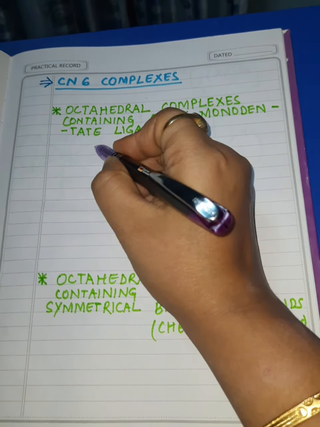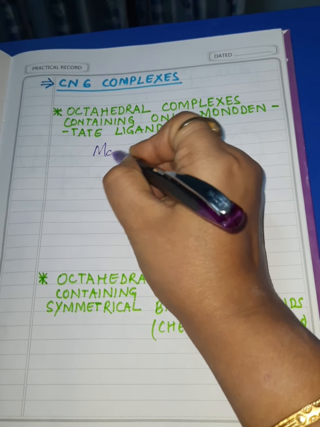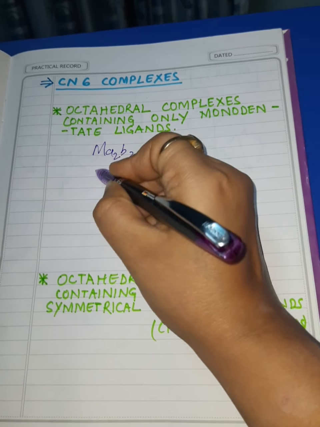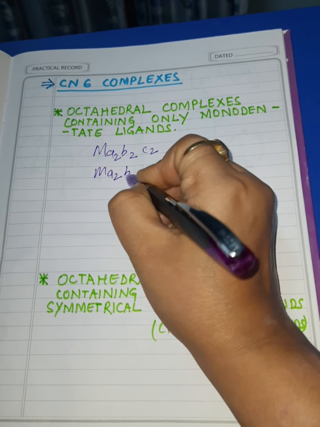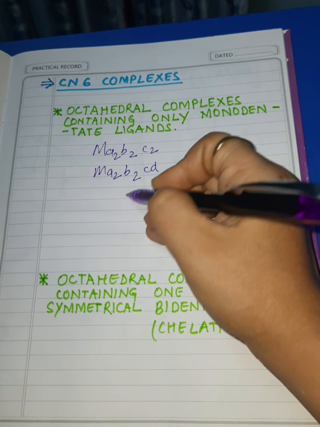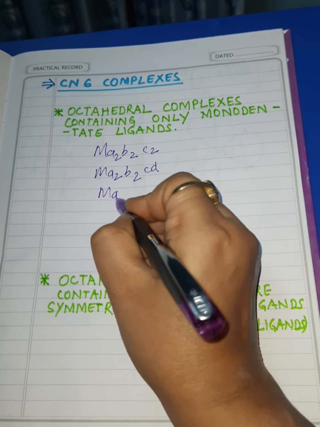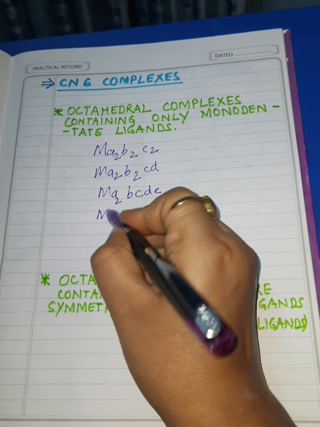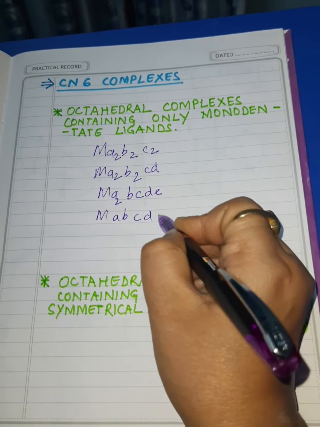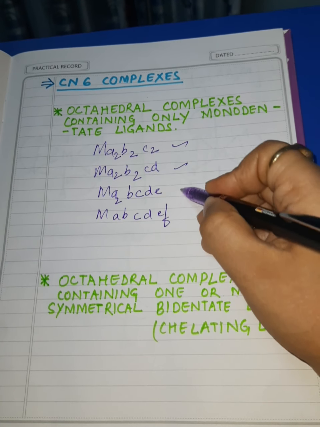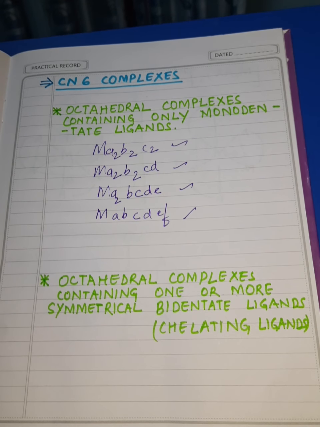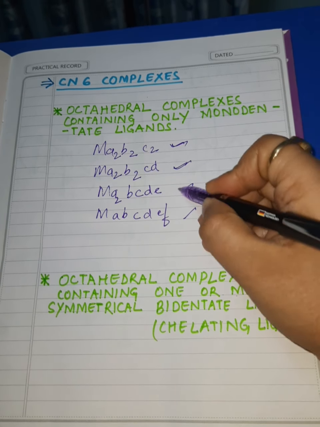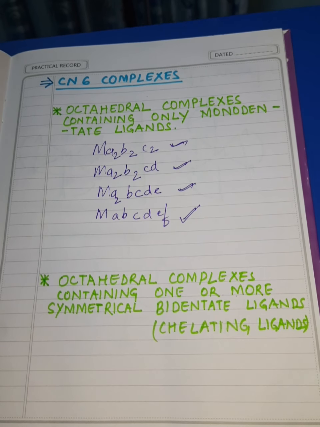If I write some of the complexes, like MA2B2C2, MA2B2CD, MA2BCDE, and MABCDEF, all such complexes do not possess any element of symmetry. So they are all optically active compounds.